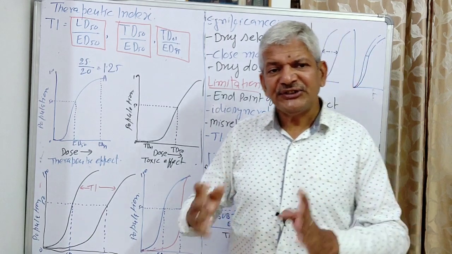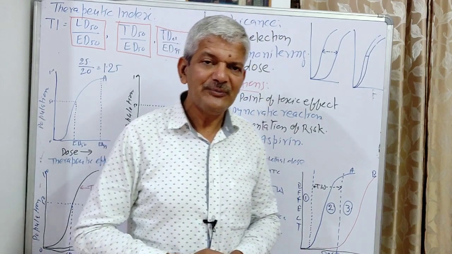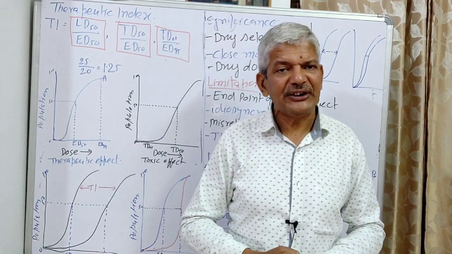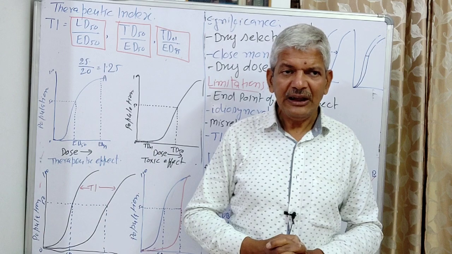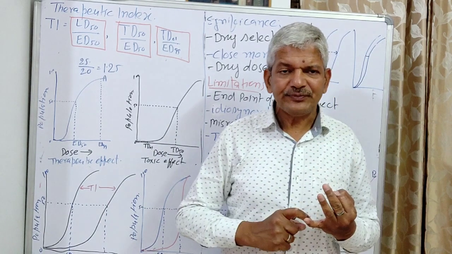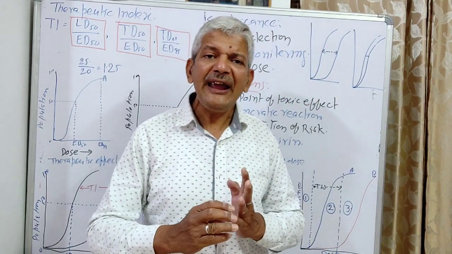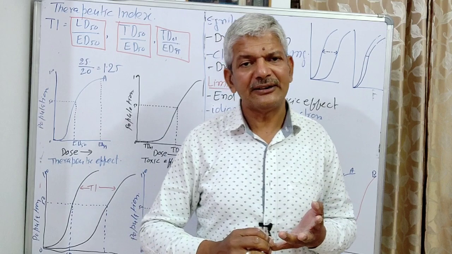Again, this TD50 is also controversial. It is also not a foolproof parameter to calculate the therapeutic index. Reasons? There are three reasons. Number one, toxic dose is calculated by using the endpoints of the result.